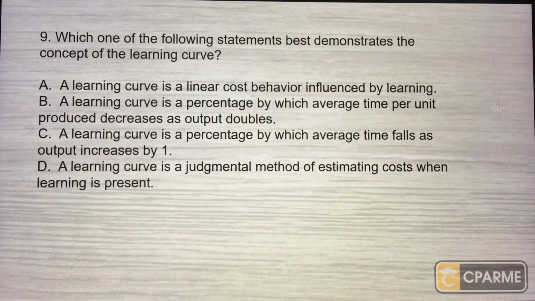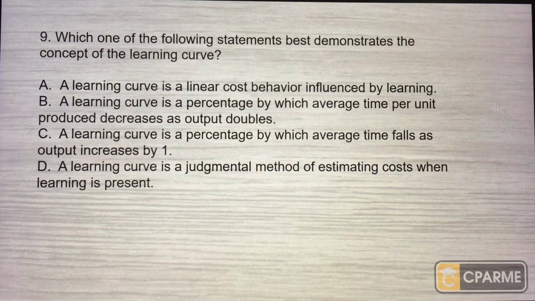Which one of the following statements best demonstrates the concept of learning curve? Is it A, a learning curve is a linear cost behavior influenced by learning? Or B, a learning curve is a percentage by which average time per unit produced decreases as output doubles. Or C, a learning curve is a percentage by which average time falls as output increases by 1. Or D, a learning curve is a judgmental method of estimating cost when learning is present.